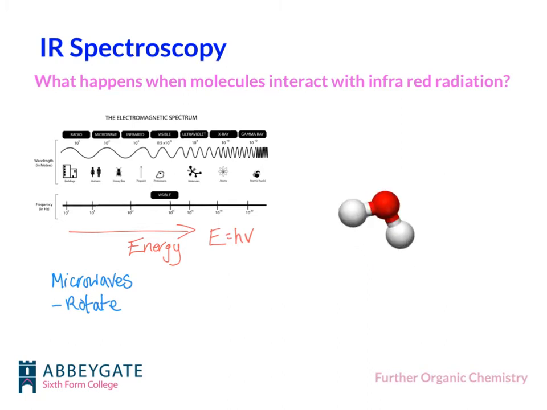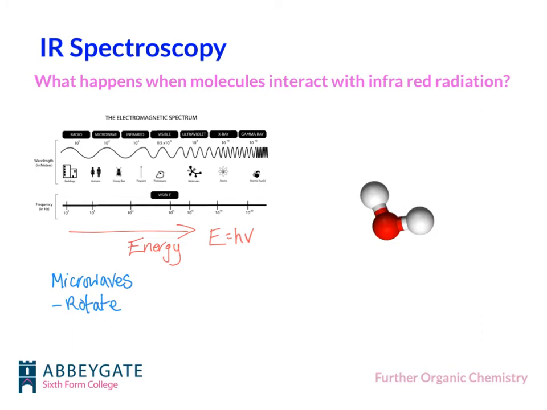So they specifically emit the correct frequency that makes water rotate. They don't interact with other molecules. That's why microwaves are particularly poor at cooking food that doesn't have a very high water content, because they only really interact with the water molecules that are in the food.